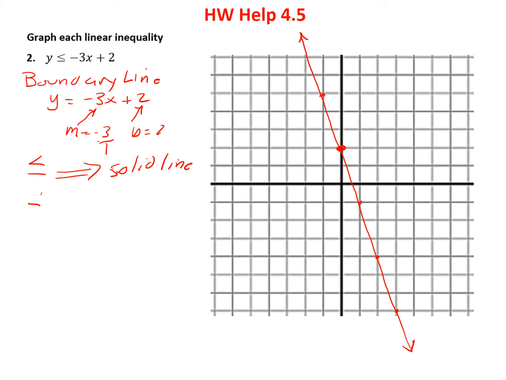The less than part, however, tells us that we're also looking for all the points that are below the line. So if you pick any point here and look below, I'm looking at all the points that are down here. Likewise, all the points down there.